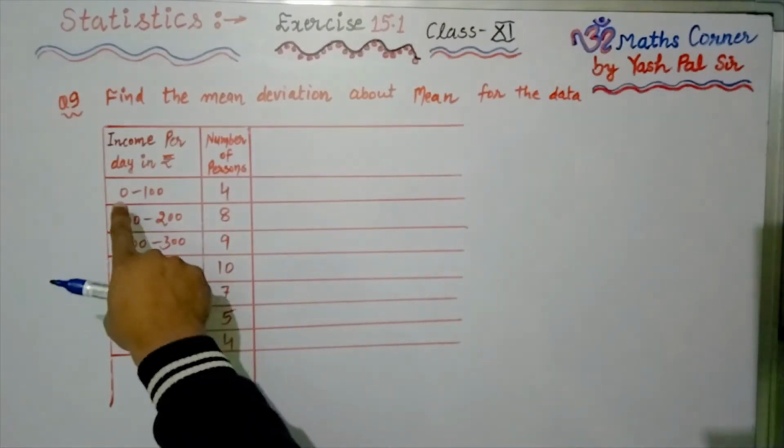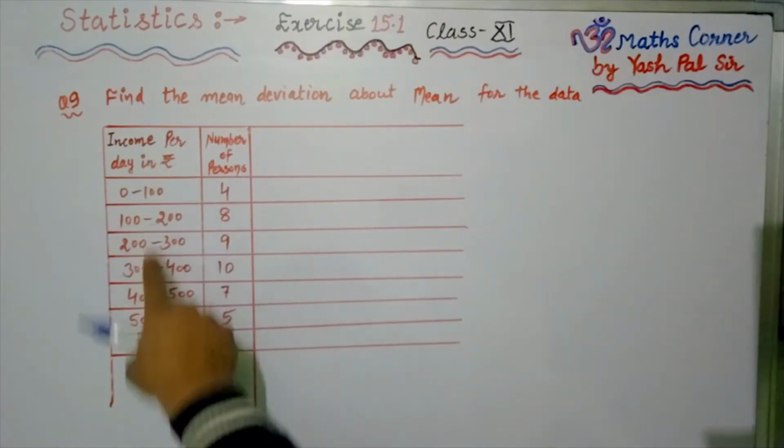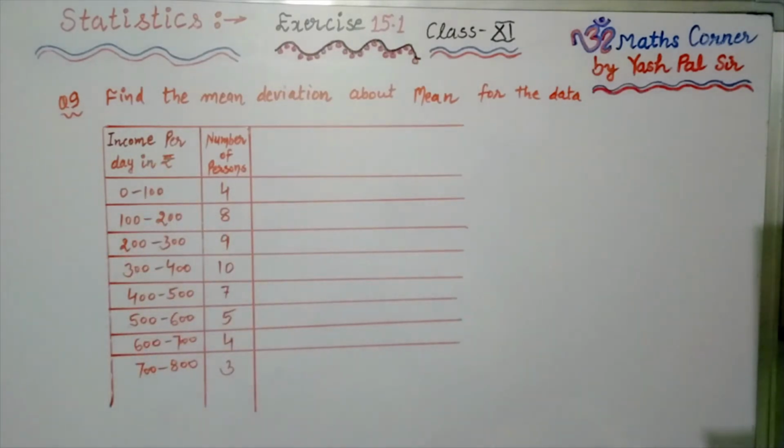Here what is the difference? The class intervals are given. This first column represents the class interval.